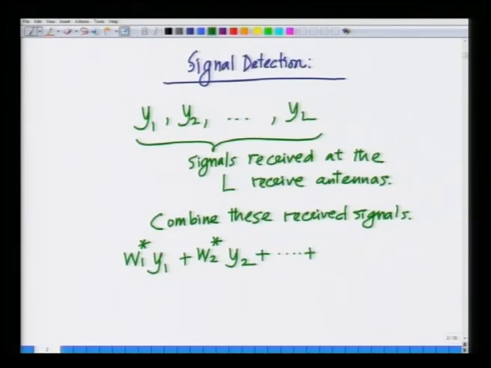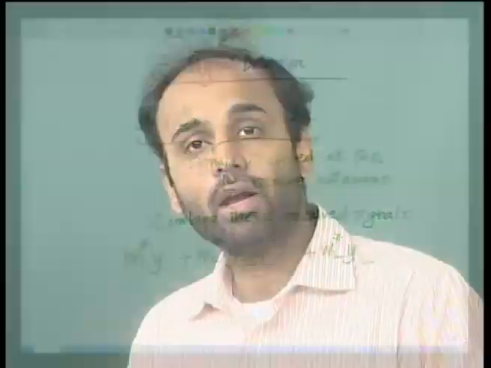I will take yl and I will weigh it by wl conjugate. So, what am I doing? I am doing w1 conjugate y1 plus w2 conjugate y2 plus until wl conjugate yl. I am weighing each yi by wi conjugate and I am adding all these received signals up. So, I am combining them linearly so that I can detect the transmitted signal X.